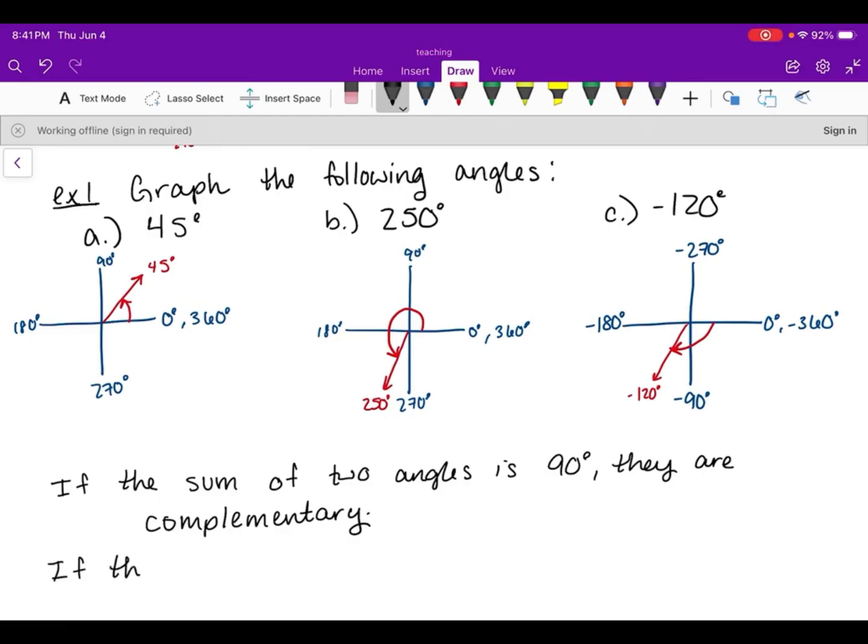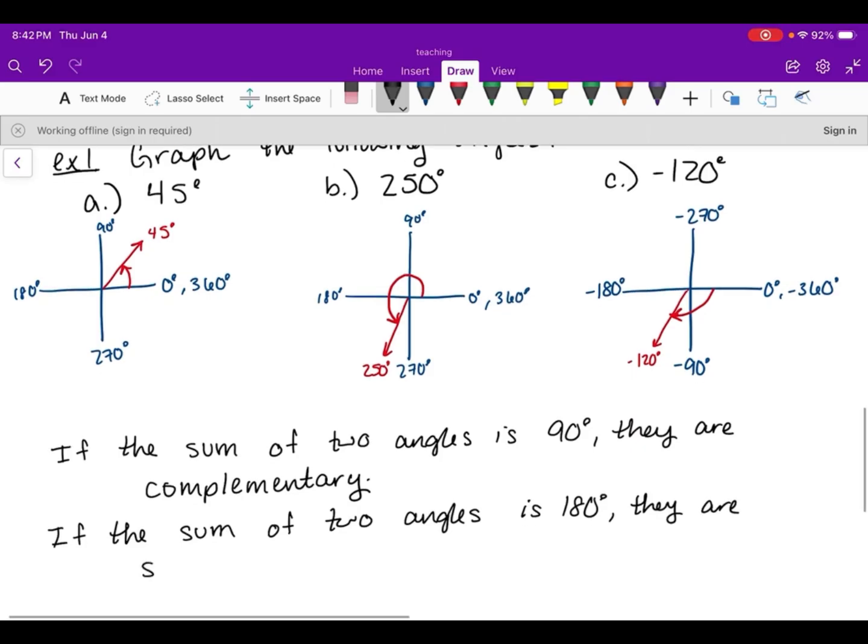If the sum of two angles is 180 degrees, they are supplementary.